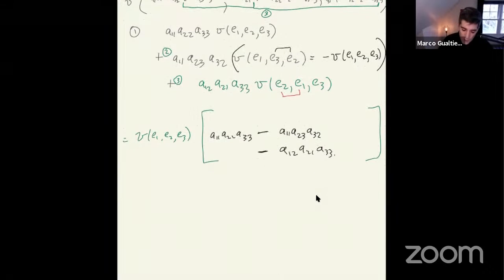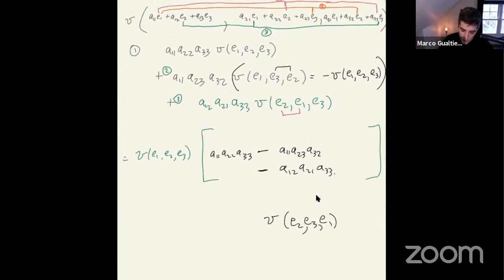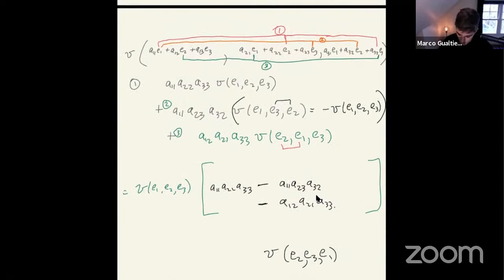But there will be other terms. There's going to be a term that looks like this, V, E2, E3, E1, which comes from, let me draw it in pink, E2, E3, E1. That will be term 4, let's say.